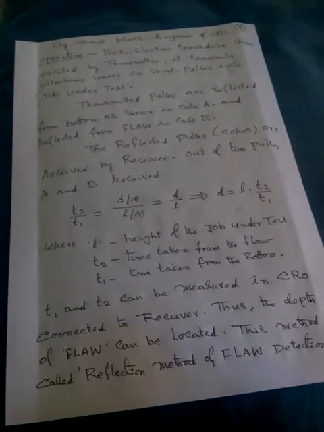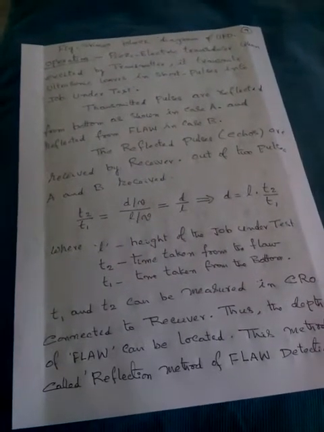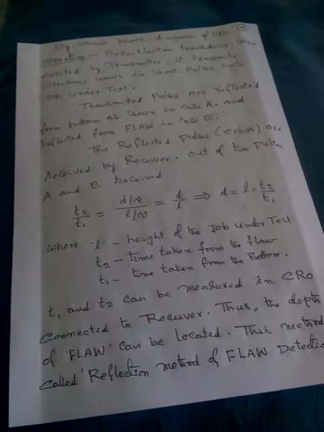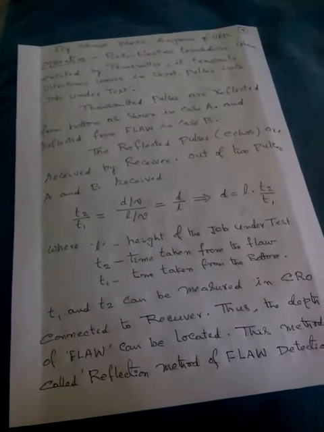Now we can say this is okay. Tested okay. This material is stamped with tested okay. If it is defective, we put a stamp defect and put it somewhere separately. Okay. That's how this reflection method of flaw detector works.